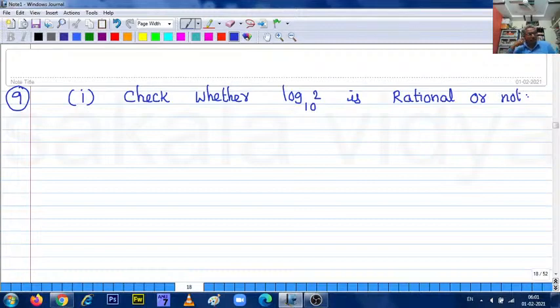Check whether log 2 base 10 is rational or not, we need to check. Otherwise, prove that log 2 base 10 is irrational. That question is also correct.